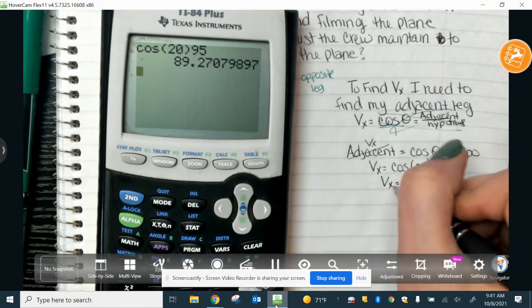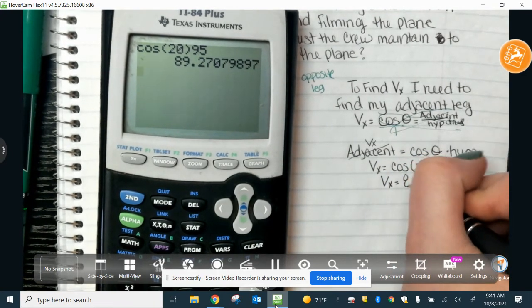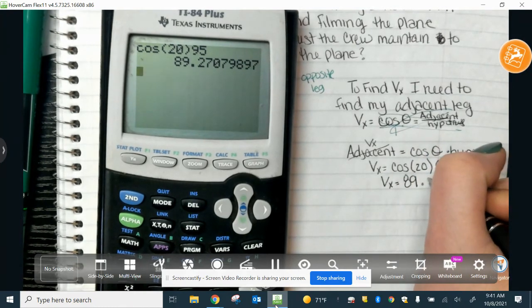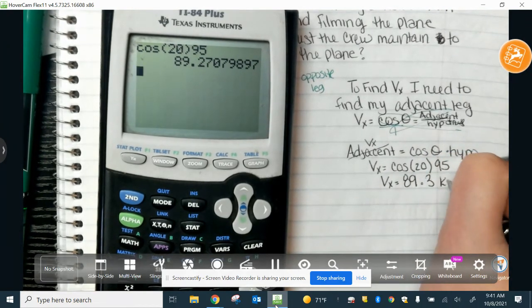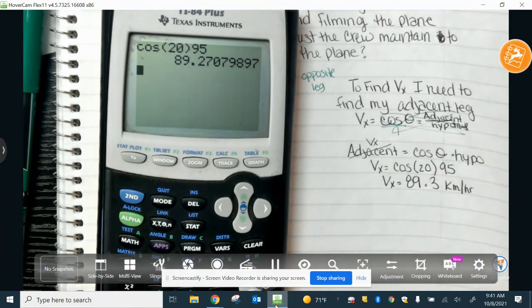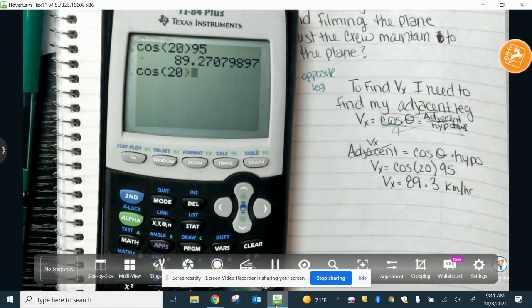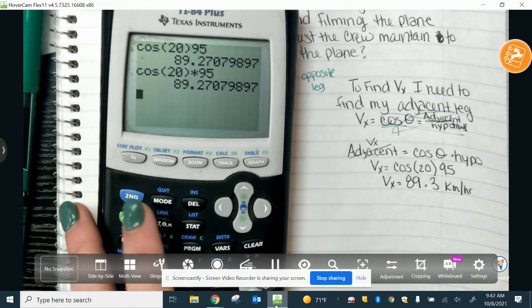So Vx, my velocity that the truck has to maintain, is 89.3 kilometers per hour. Okay, for some people, they don't trust that. So I can also put my times in. It's the same thing, right? Parentheses means to multiply things like that. So either way, it's up to what you're comfortable with.